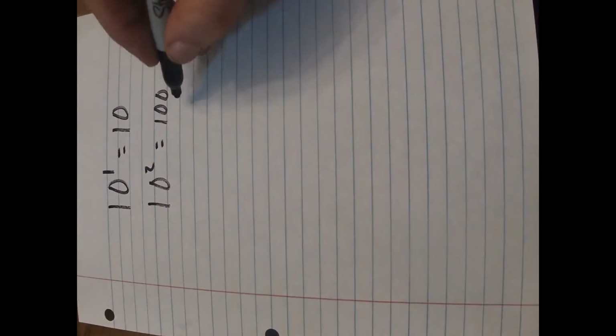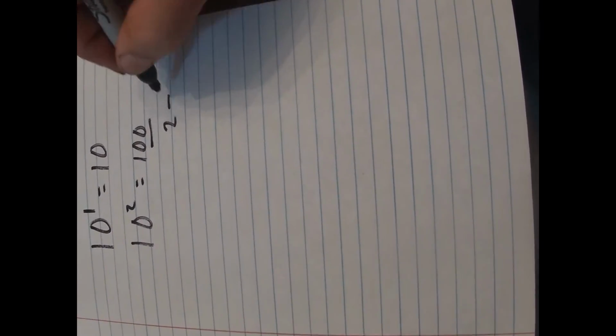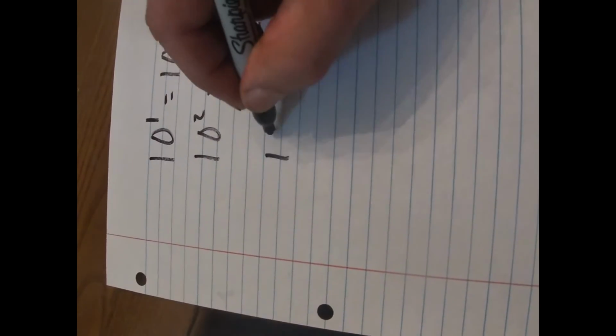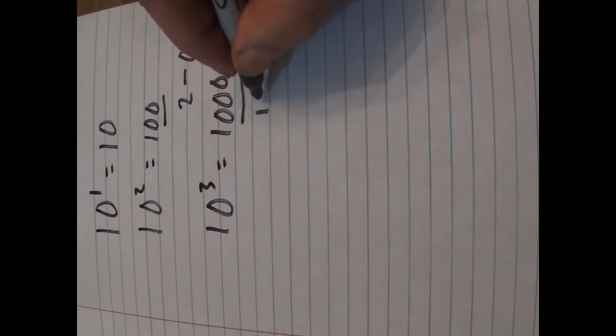You'll notice that there are 2 zeros. Well, that's all good. 10 to the 3 is equal to 1,000. 1, 2, 3. And so we're starting to notice a tendency.